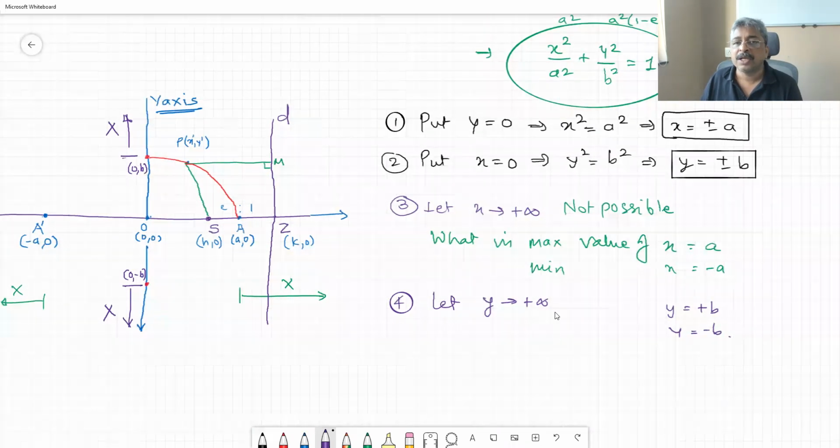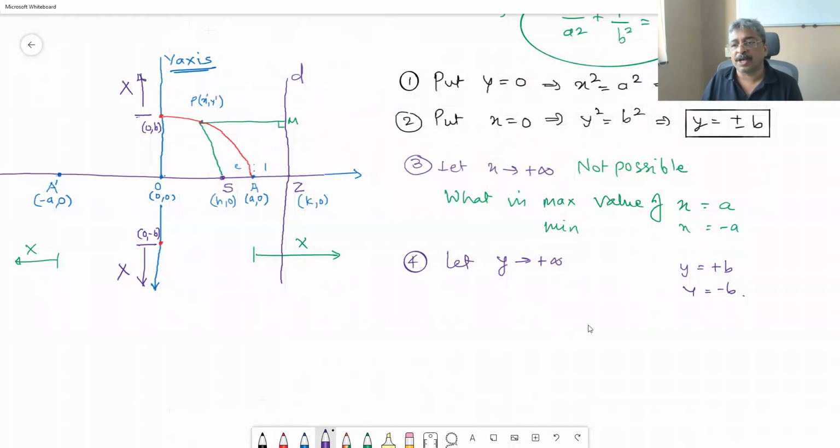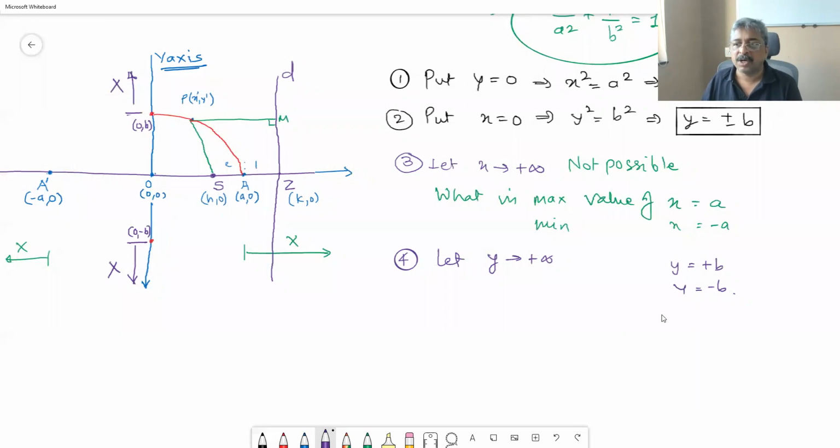Next, in case of hyperbola, you will do this analysis, but because this is for the first time, I am telling you how to go about it.